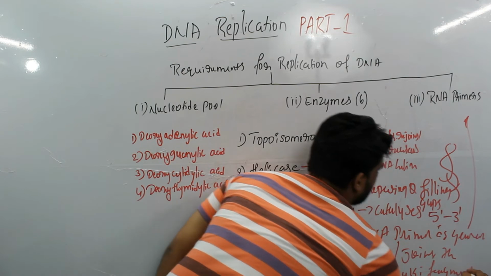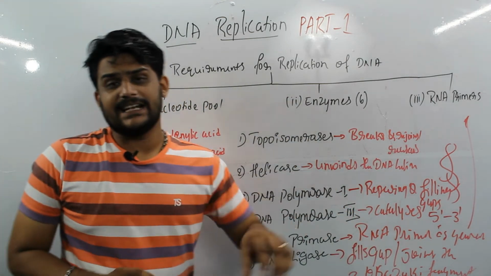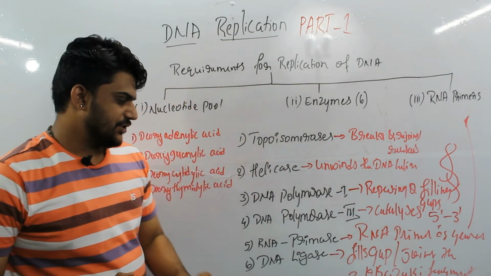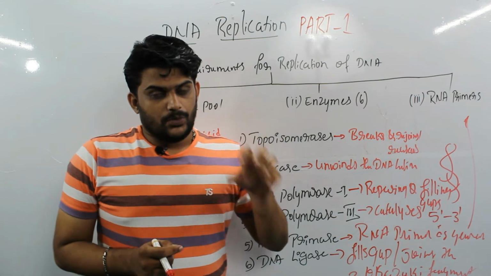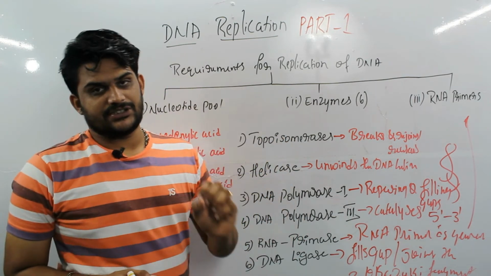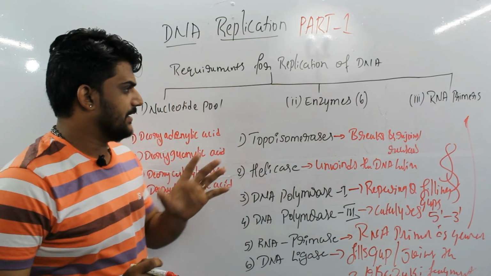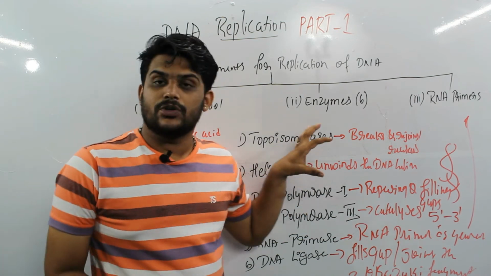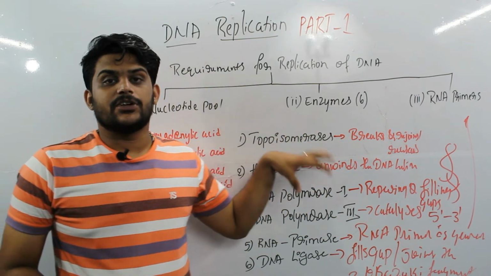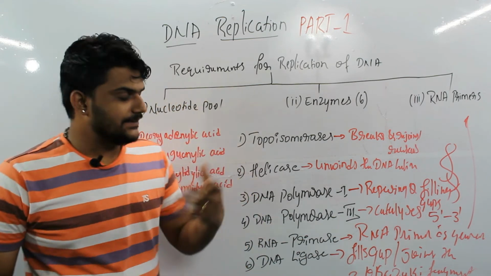You'll come to know about the Okazaki fragments when you learn the mechanism of DNA replication. Basically, Okazaki fragments are those fragments which are formed in the discontinuous strand of the replication. So you'll come across that in the mechanism itself. So these are the 6 important enzymes, and you have to focus on them because they can be asked in different competitive examinations which you are going to face in the future.